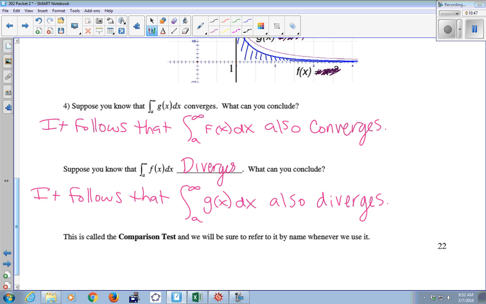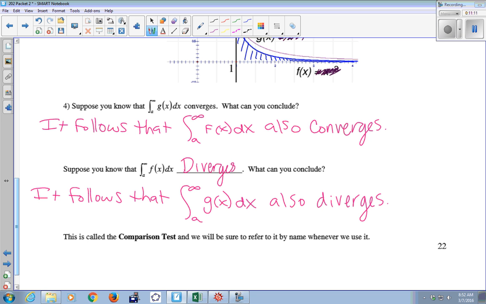What if it was something like a constant over x and smaller than x? So you're looking at the integral.